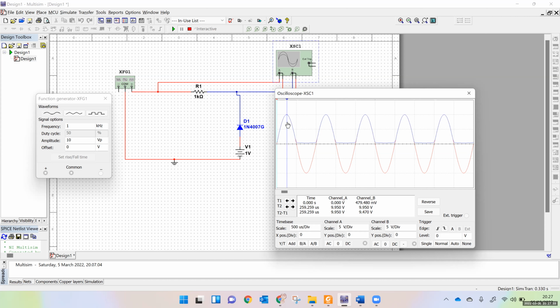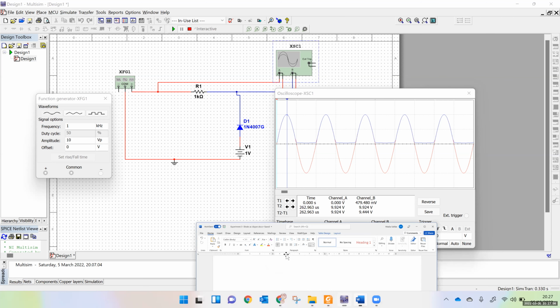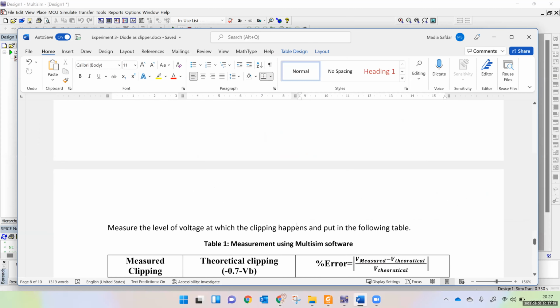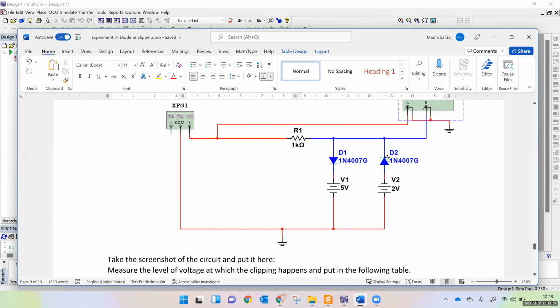This is channel 2. Okay, let me put it here. This part I will perform with you in the lab. Then there will be another one, the third part, in which we will use two different diodes in different settings.